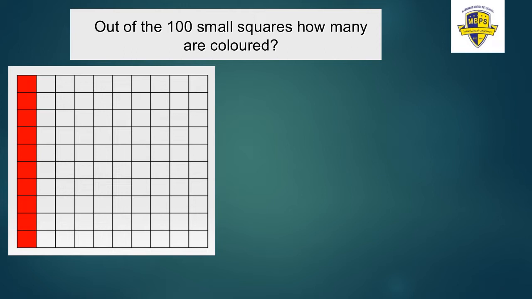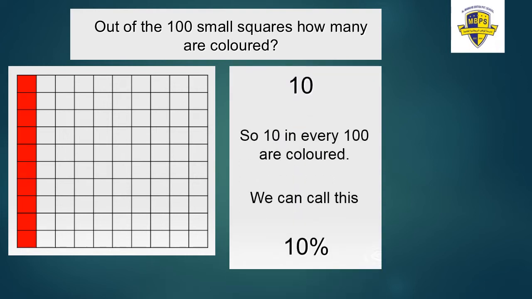So if I ask you to write the fraction for the shaded squares, the fraction is 10 out of 100. Excellent. So how do we write 10 out of 100 as percent? We say 10 and beside it the percent sign. And we read it 10%.